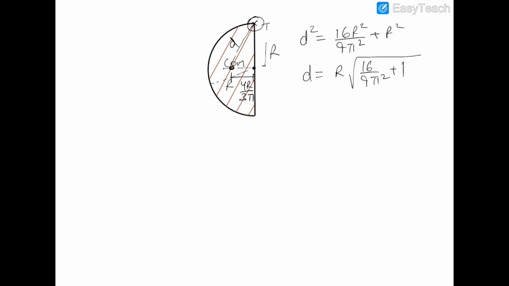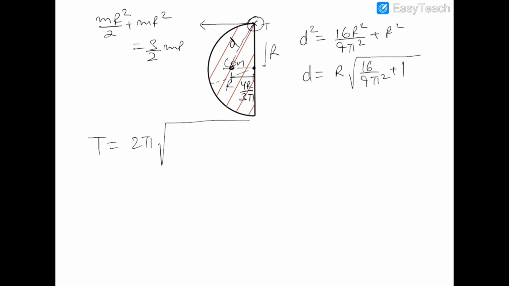So the time period T will be equal to 2 pi under root of I by mgd. Now I, the moment of inertia of the semicircular disc about this axis, would be the same as the moment of inertia of the complete disc about this axis, and that would be mr square by 2 plus mr square. So this is equal to 3 by 2 mr square.